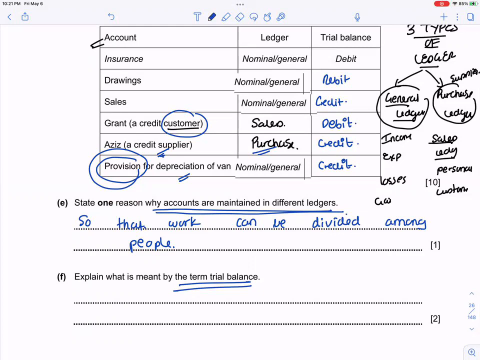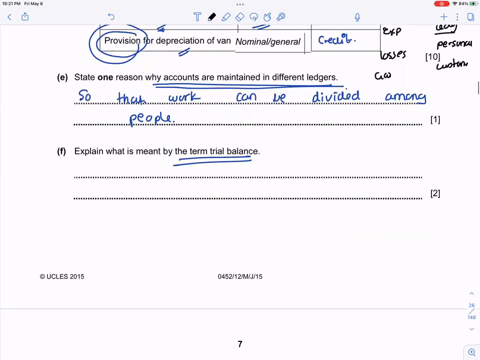It's where all the ledger account balances are put. So what is a trial balance? It is a list of all ledger account balances at a particular date. What is a trial balance?